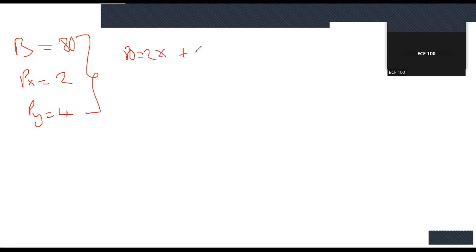Let's try another one. Suppose you're given a budget of 80 kwacha and good X costs 2 kwacha and good Y costs 4 kwacha. What is the budget line going to be? 80 is equal to 2X plus 4Y. So we divide 2 into 80, we get 40.